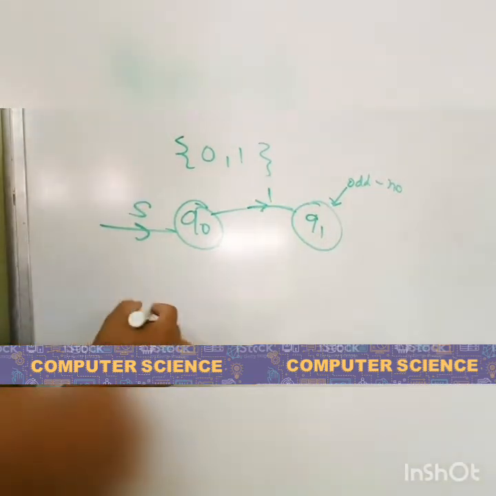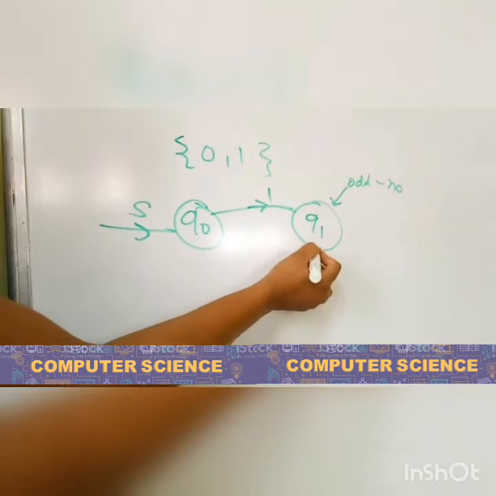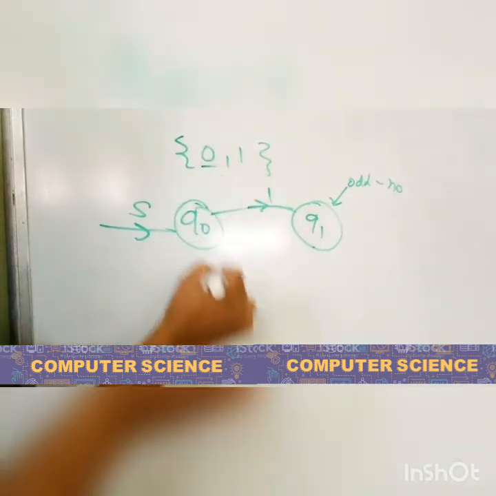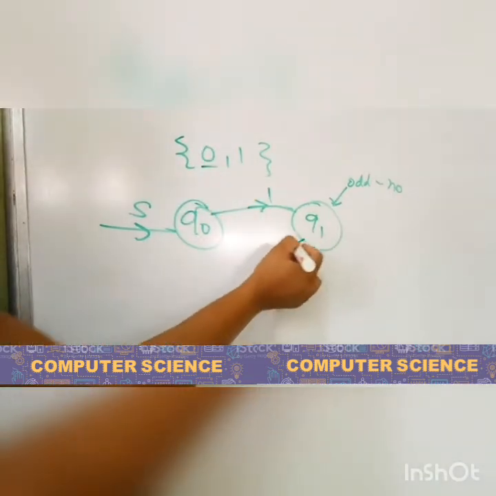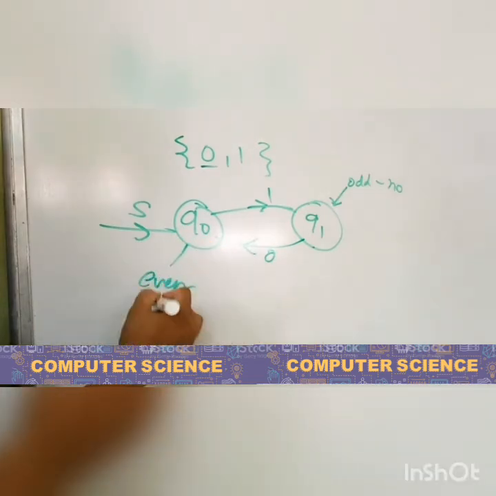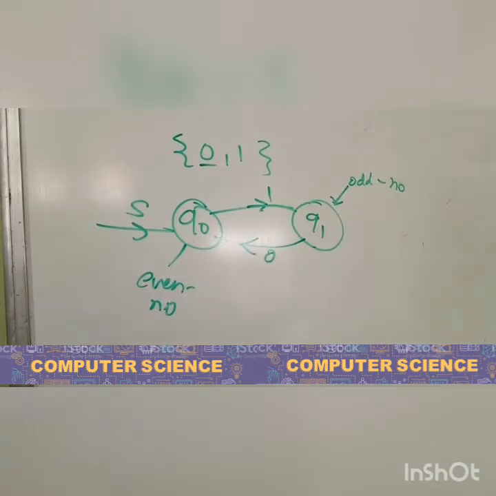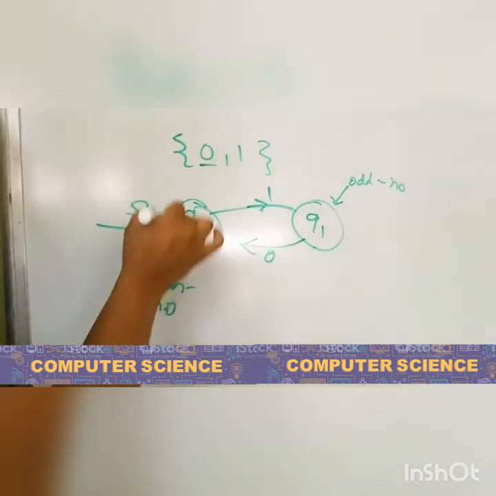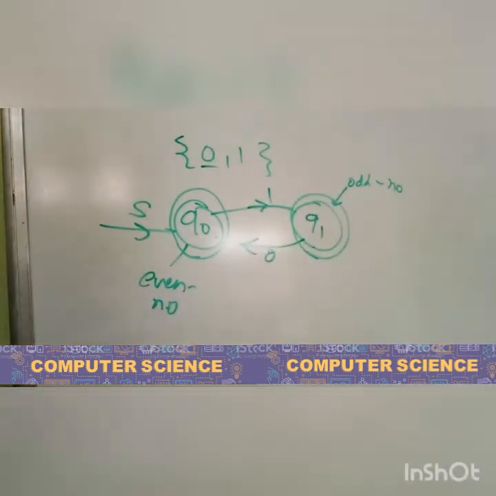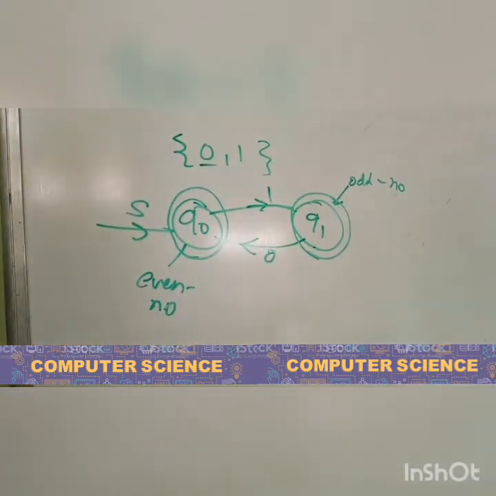When you transition onward and 0 comes, transfer it to Q0, which is the even-position holding state. We are making this state an even holding state and this state an odd position holding state. You can reverse both the states and manage the flow of the input alphabet in such a diagram.